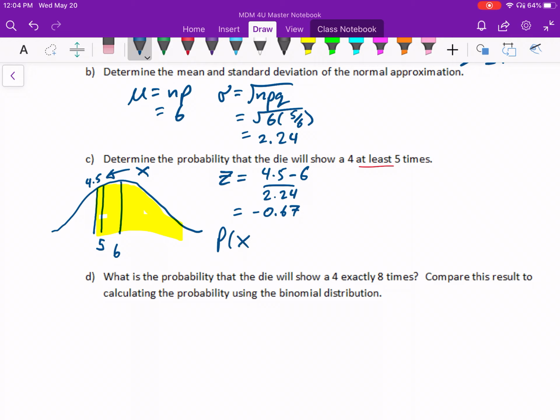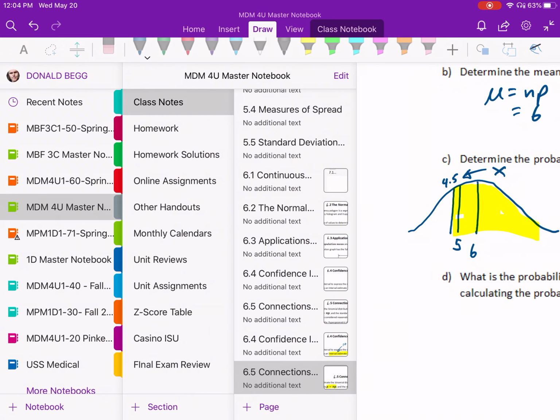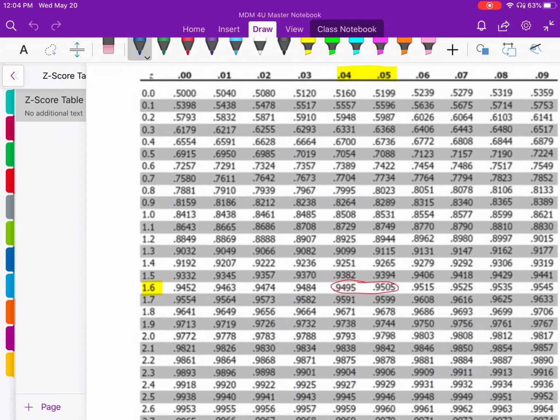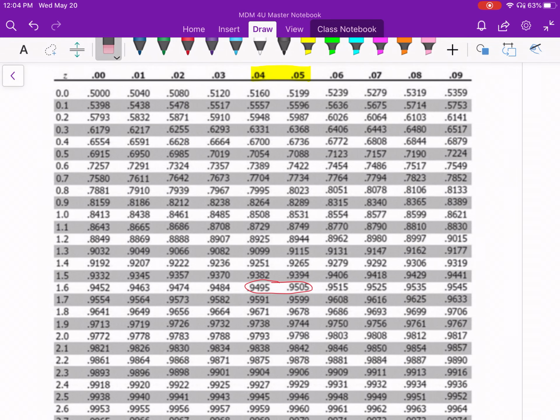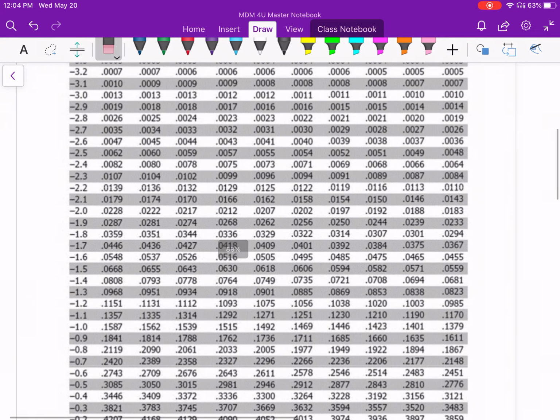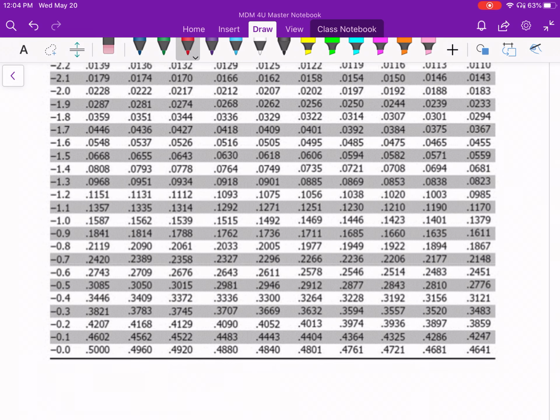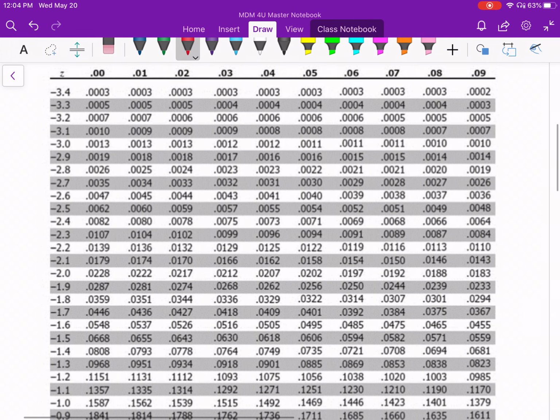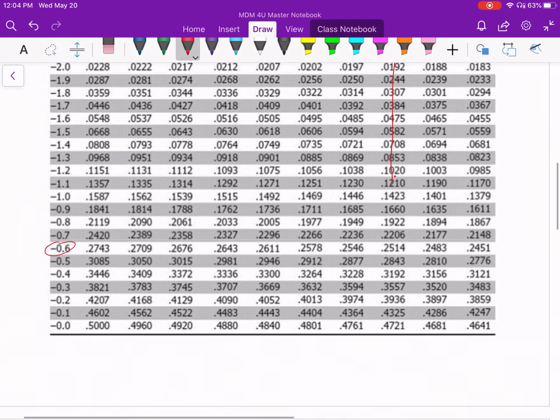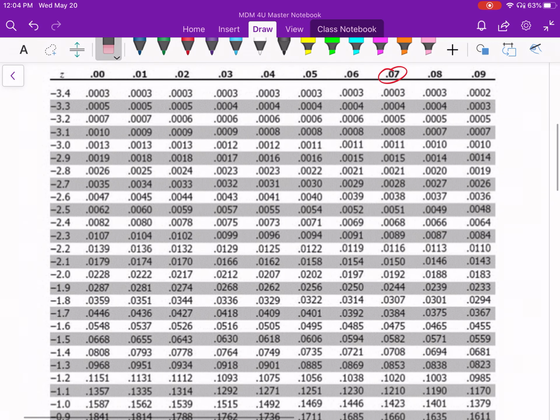We want the probability that x is less than or equal to negative 0.67. Let's go find it. Some previous highlighting that I want to get rid of. So let's find negative 0.67. Negative 0.6 is here, and 7 is this column here. So it's 0.2514.